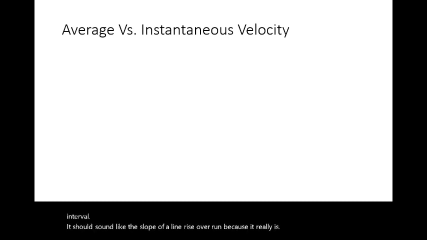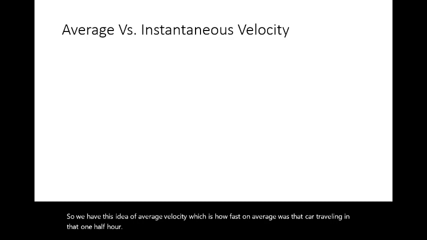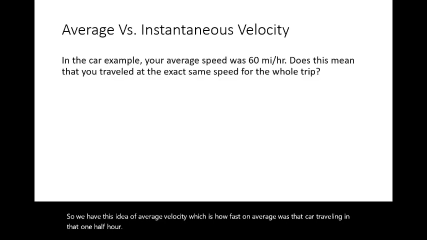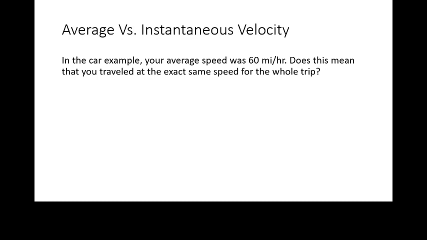So we have this idea of average velocity, which is how fast on average that car was traveling in that 1/2 hour. However, that might be different than what's called instantaneous velocity. The average speed was 60 miles per hour. Does that necessarily mean that you traveled at that exact same speed for the entire trip?